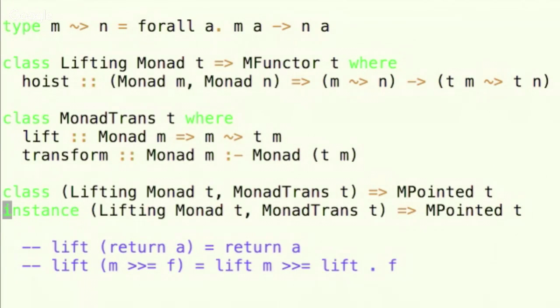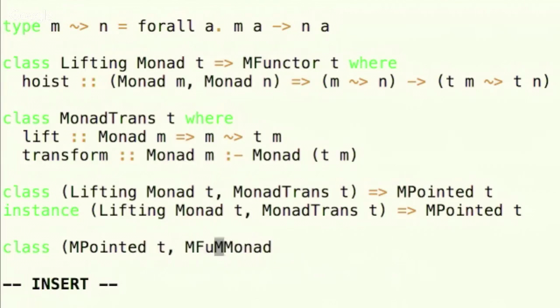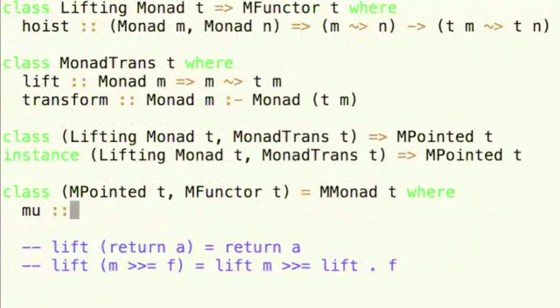We can also build monads in the category of monads. What would be an M monad? Well, we should be M pointed. We should be an M functor. We have some sort of mu-like operation here, let's call it squash.